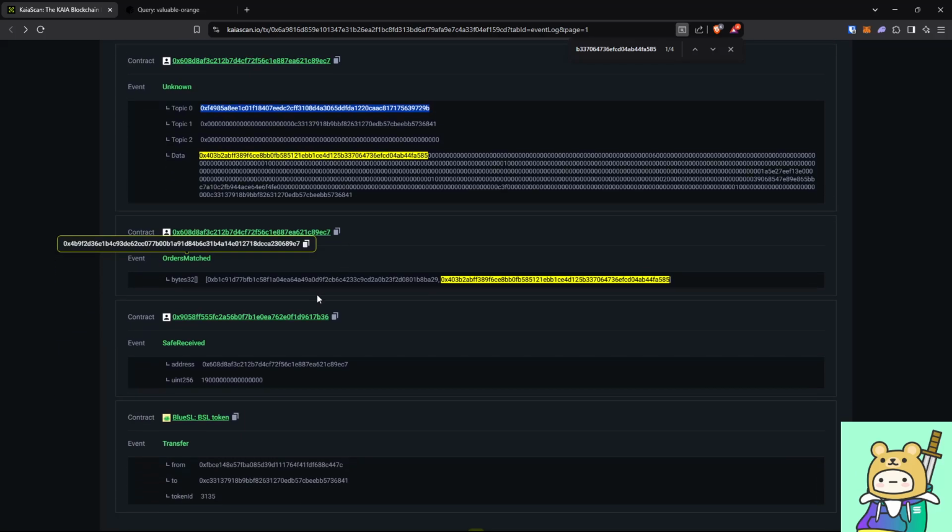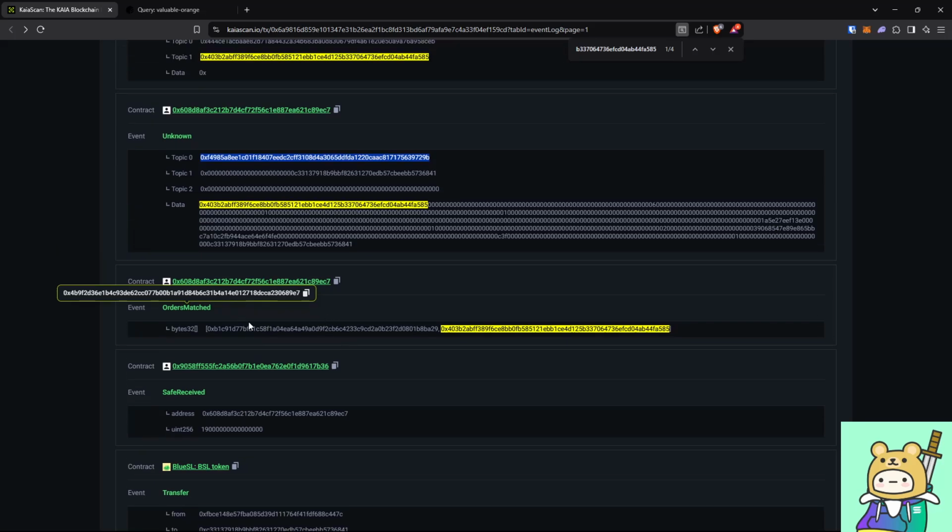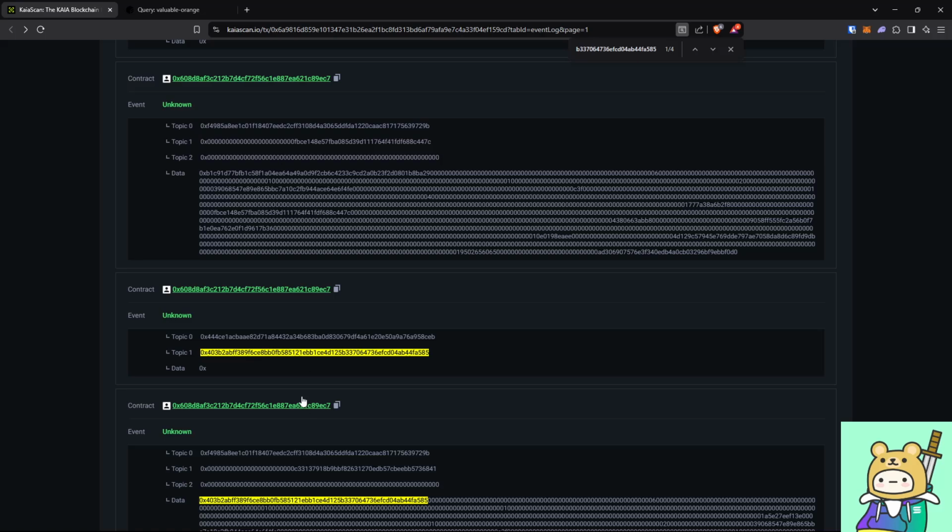Maybe this is the listing, and then this is the buying sale, and when there is a listing and a sale order, they match, and they are able to match via this OrdersMatched event. Okay, so these are the two important topics.